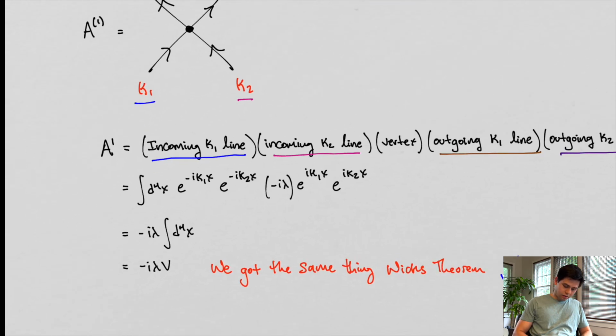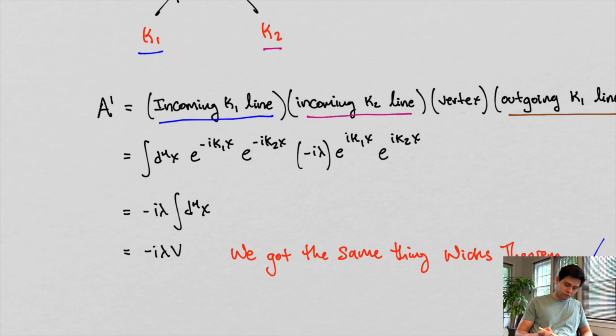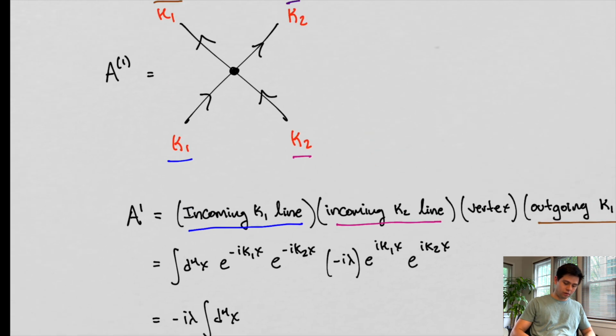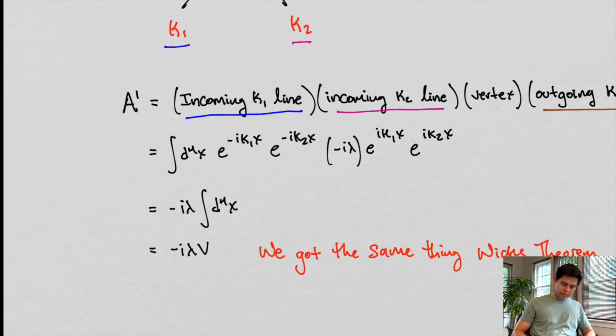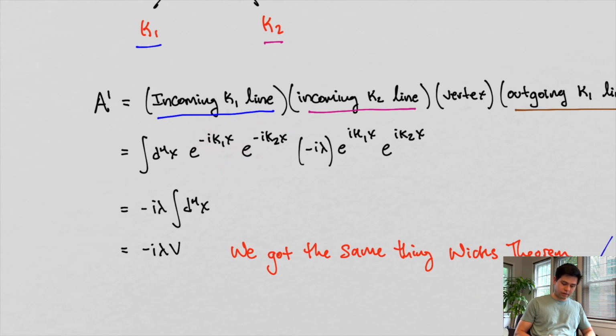And then when we apply the Feynman rules, again, we went over this already. This is our incoming line, outgoing, and outgoing in our vertex. And we integrate over space-time because we're integrating over the volume in which they're interacting. And we can see that everything's going to cancel, right? Because this whole thing is a negative exponent, and that's going to cancel with this guy. So that's going to cancel, and then these two guys are going to cancel.